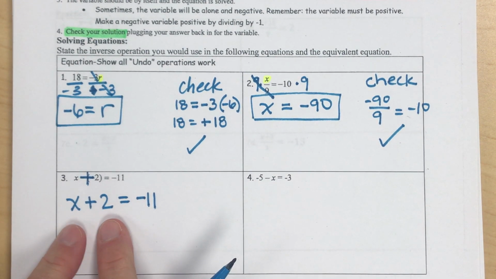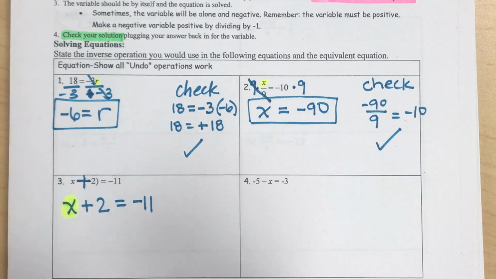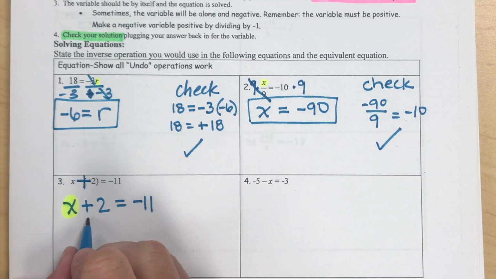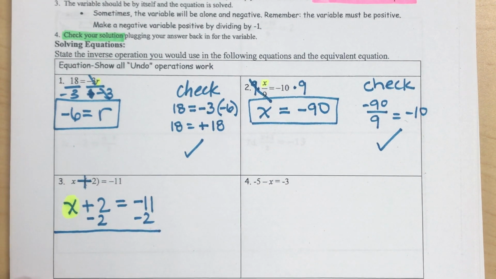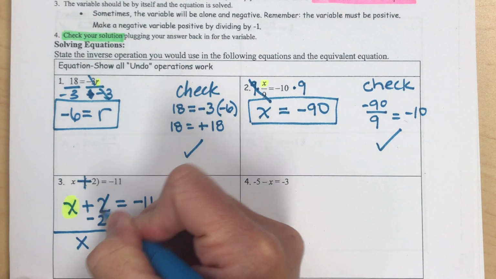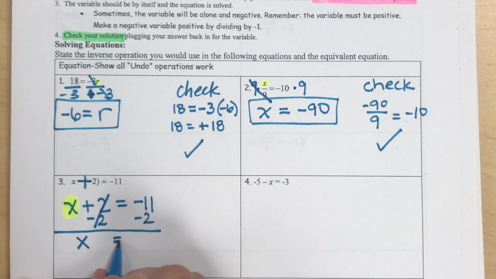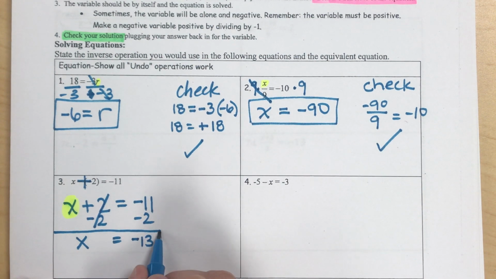I only have one step here, so how do I undo the addition to get my variable x all alone? Well, the opposite of addition would be subtraction. Make sure you do that to both sides of your equal sign. My x now will be alone and positive because that's going to cancel out. And negative 11 minus 2 more would be negative 13.